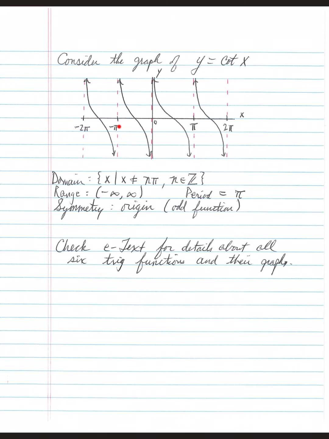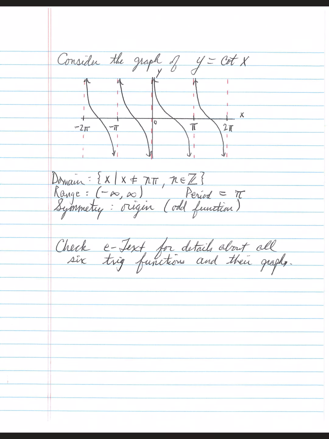Negative 2 pi, negative 1 pi, 0 pi, 1 pi, and 2 pi. Everywhere there's a whole multiple or an integer multiple of pi, you will find a vertical asymptote, and that means your function is undefined. These streaks go up and down forever, so the range is infinite. It takes a horizontal distance of pi to run one full cycle, and so the period is pi.